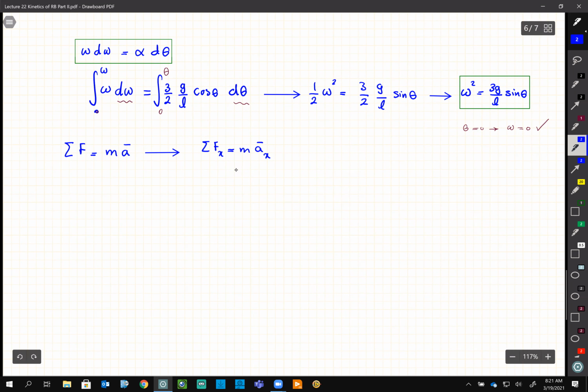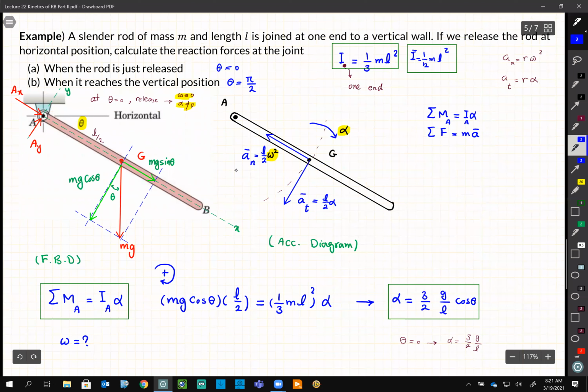It's just a letter. So what do I have in the x direction? Let's move back to the diagram again. Whatever forces I have in the x direction, I have Ax, which is positive. I have mg sine theta, which is again positive. They are all in the x direction, right? This is what I have for my forces, one side of the equation. And what do I have for acceleration? I have this a bar n, which according to my coordinate is negative, right?